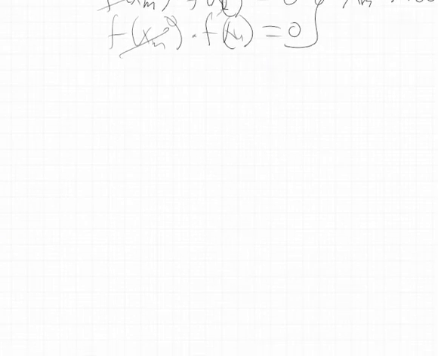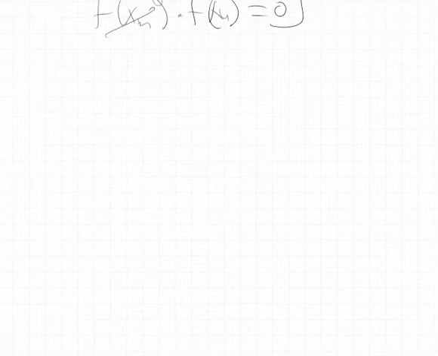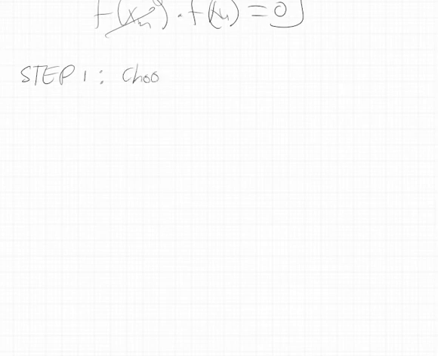So if we write the algorithm, these are the steps. Step 1. So let's summarize the steps. The first step is to choose the upper and the lower guesses. Choose XL and XU.